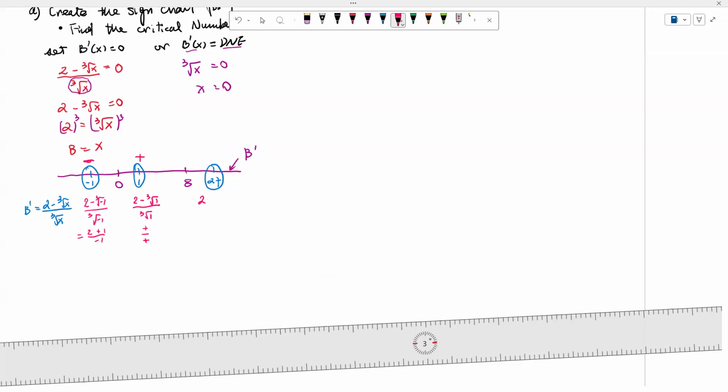Then for 27, I have 2 minus cube root of 27 over cube root of 27. Then we have 2 minus 3 over 3, so we have a negative.